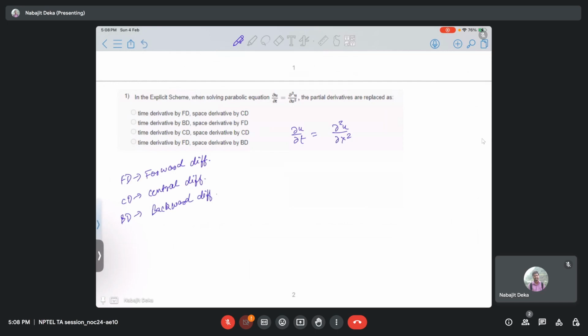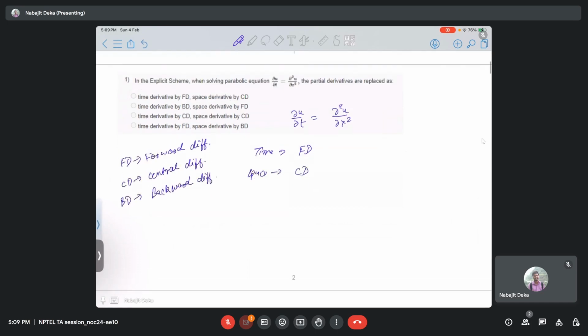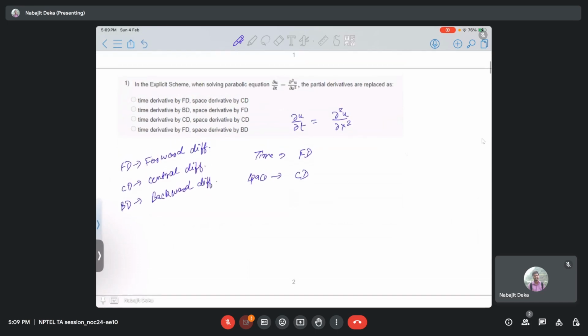So in the explicit method, for time we replace it by forward difference, and for the space derivative we use the central difference. So option A is the correct answer.